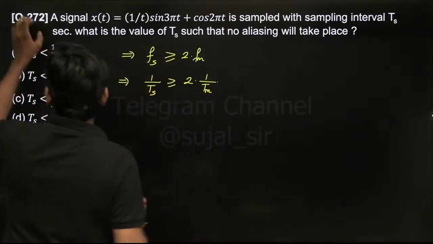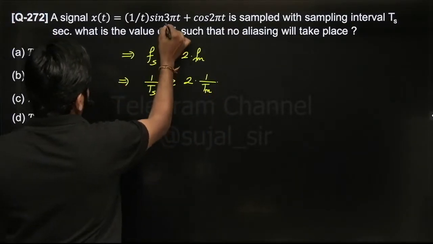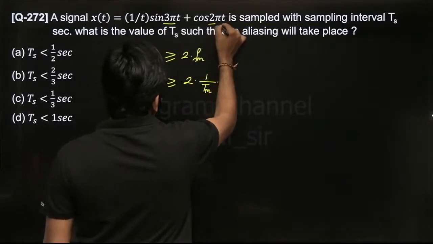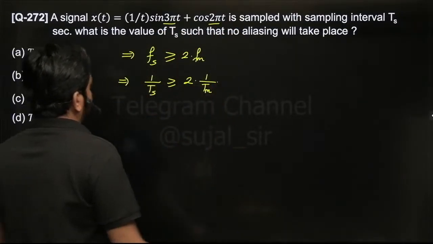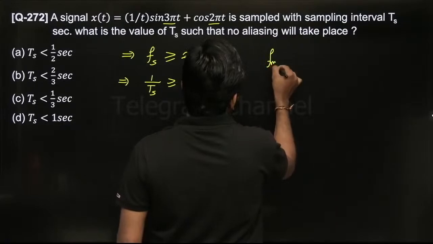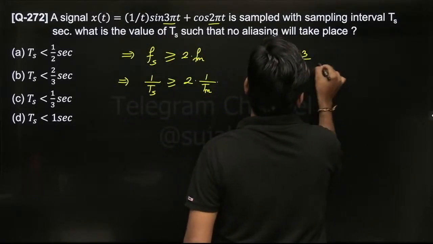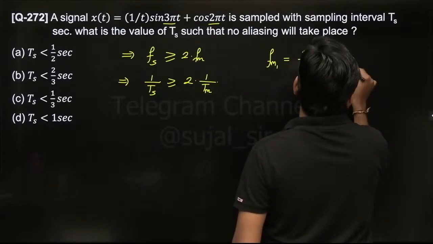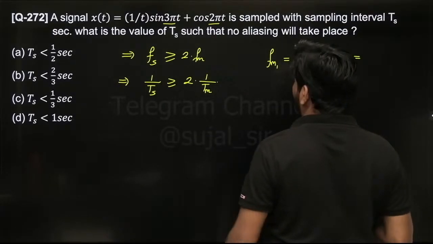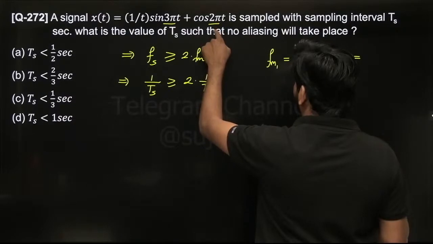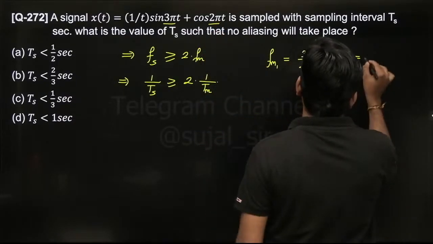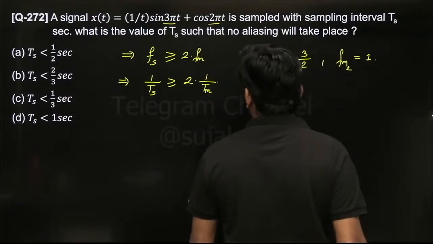So the x of t signal is given, here sin 3 pi t and here cos 2 pi t. So fm1 for this is nothing but 3 by 2, and fm2 is 2 by 2, that is 1, guys.